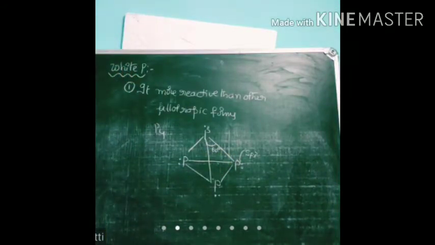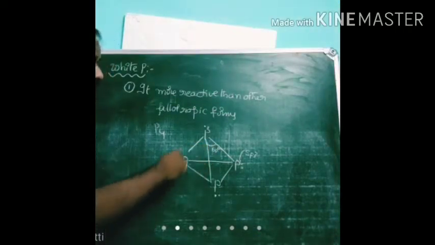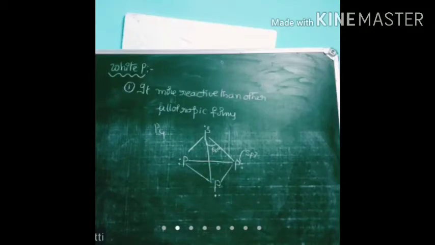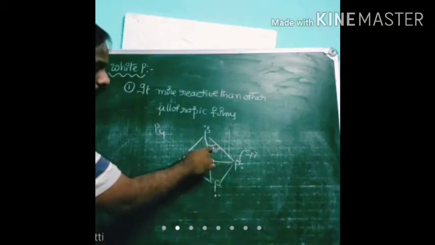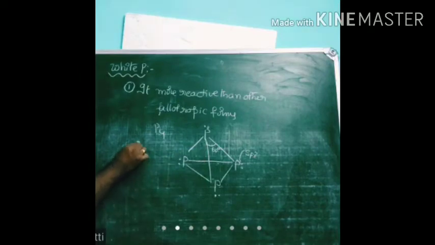When the bond angle is less, there will be repulsions between bond pairs in the cyclic ring. We call these repulsions ring strain. Due to ring strain, P4 is more reactive.